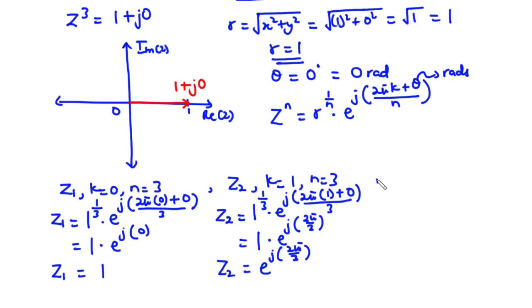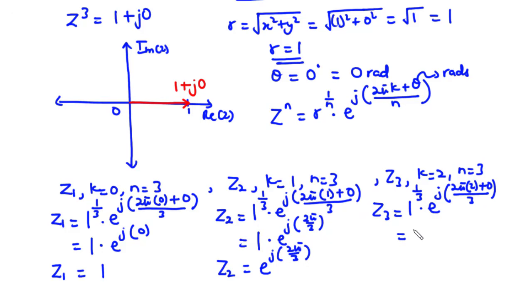Now let's find the value of z3. So for z3, we have k equals 2 and then we have n equals 3. z3 is equal to 1 exponent 1 over 3 times e exponent j into bracket, we have 2 pi, k is 2, so 2 plus 0 all divided by 3.